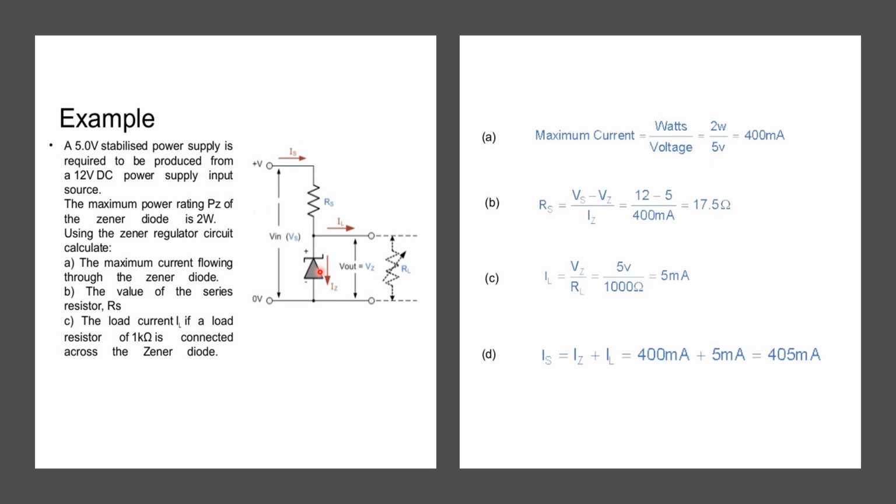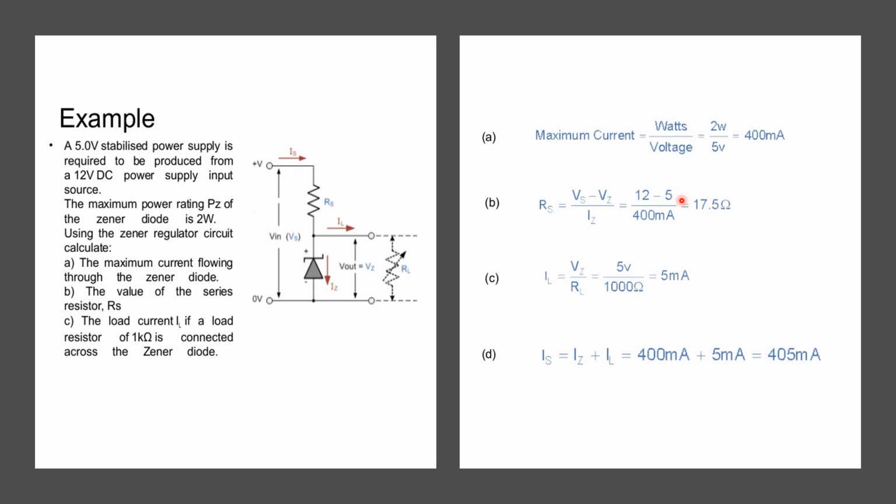How to select the Zener voltage? At which voltage it should allow the current? We need 5 volts at output, which means we need to select a 5 volts Zener diode. So that is what we have selected, a 5 volts Zener diode.